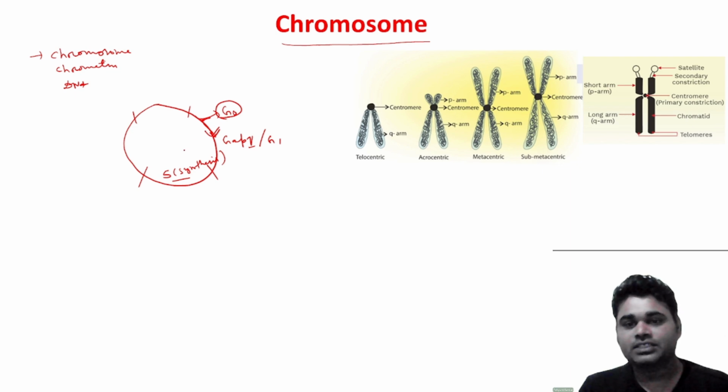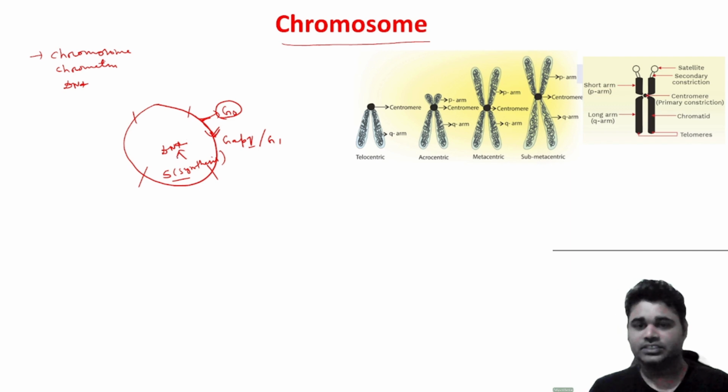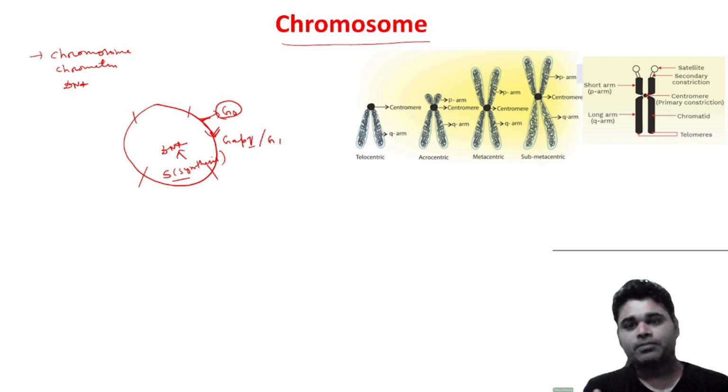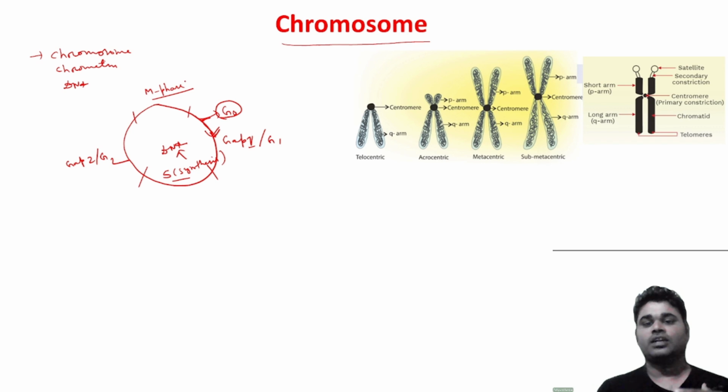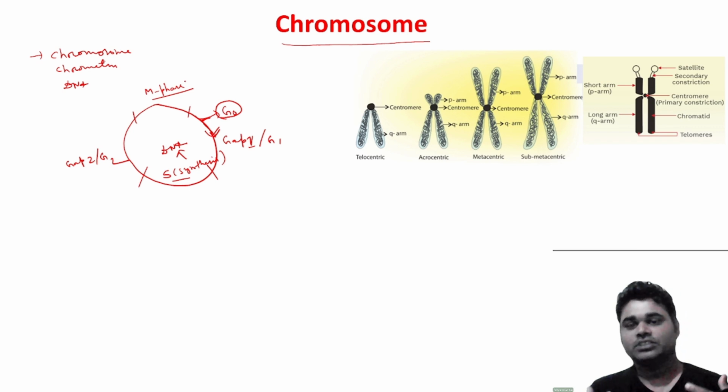Because here it synthesizes the DNA. After the S phase, another phase is called gap 2, or the G2 phase, and after that is the main phase, the M phase, also called the mitosis or meiosis phase, because in this phase the cell division occurs.